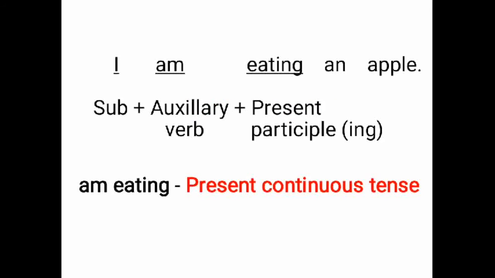The action is continuing from present to future in this sentence. When you talk about an action that happens at present, that kind of action continues to the future. This shows you present continuous tense.